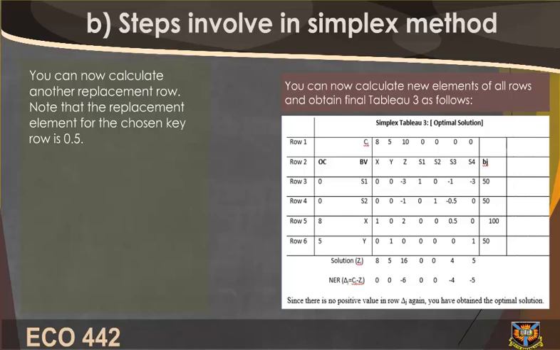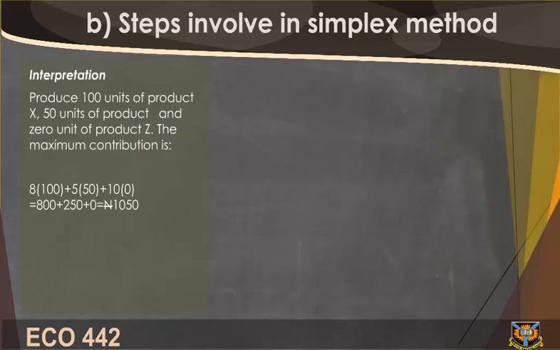You can now calculate another replacement row. Note that the replacement element for the chosen key row is 0.5. You can now calculate new elements of all rows and obtain final table 3 as follows. Interpretation.